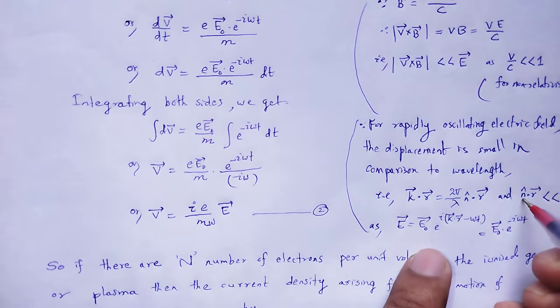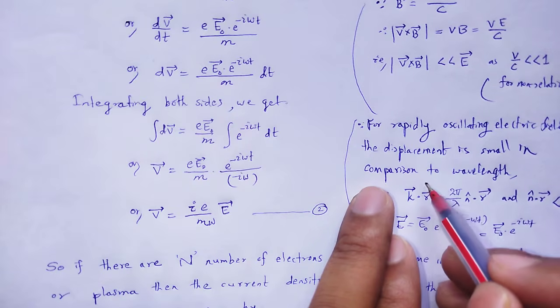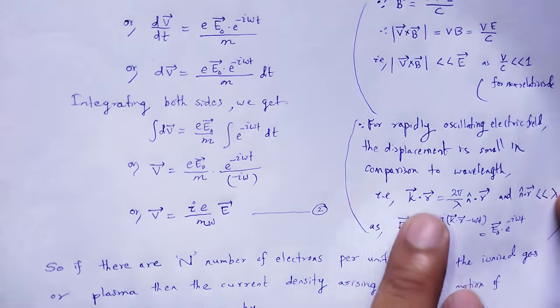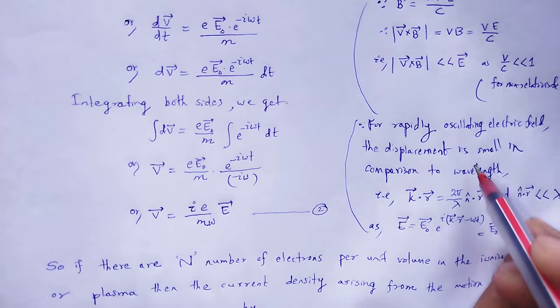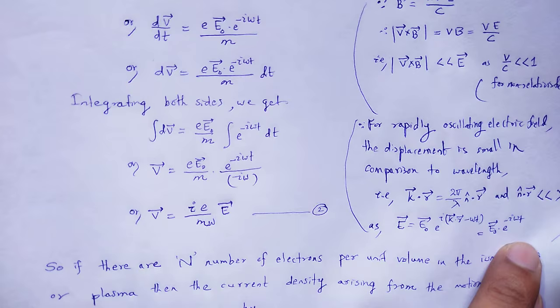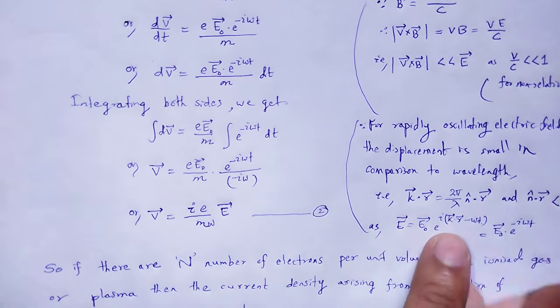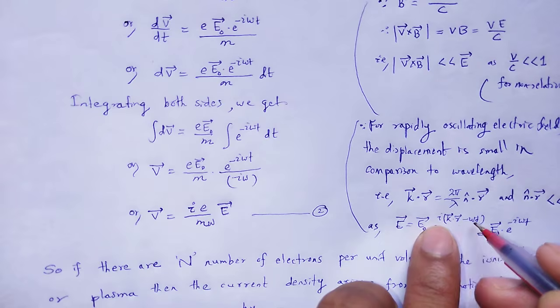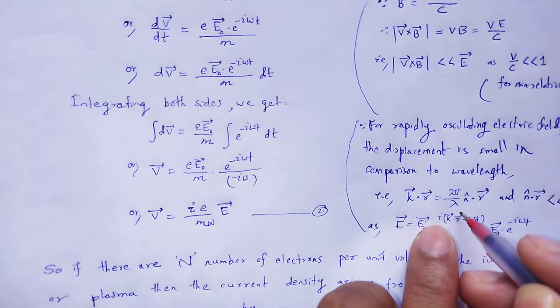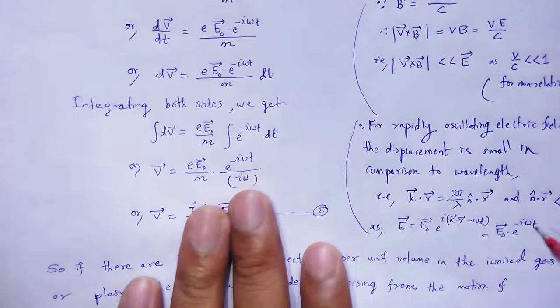As we say, n dot r is very less than that of wavelength. The displacement is small in comparison to that of wavelength. n dot r is very less than lambda. Then we can say in that e to the power this term, k dot r is neglected, only minus i omega t exists.